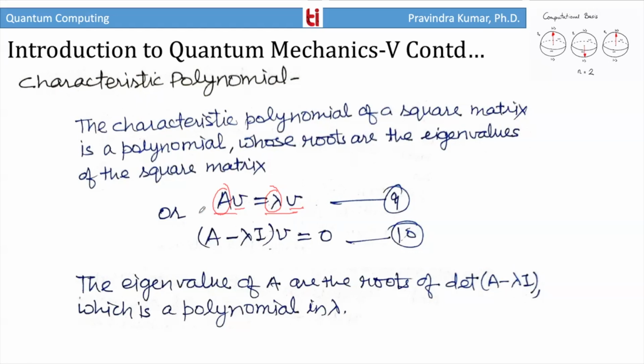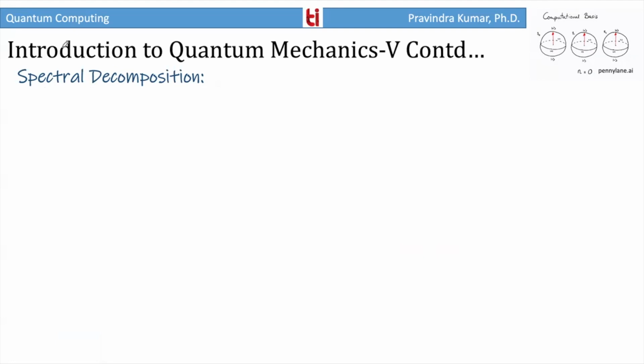Or I can write this as (A minus lambda I) V is equal to 0. This is the characteristic equation, and the eigenvalues of A are the roots of the determinant of A minus lambda I, which is a polynomial in lambda.